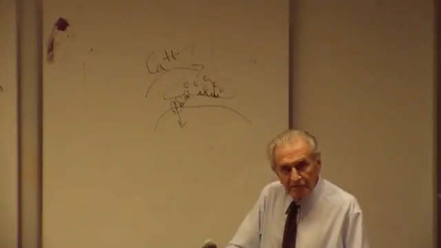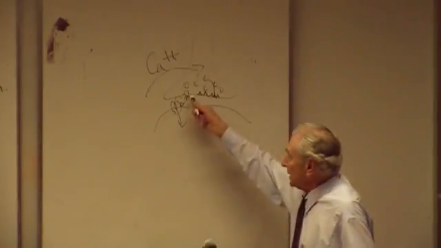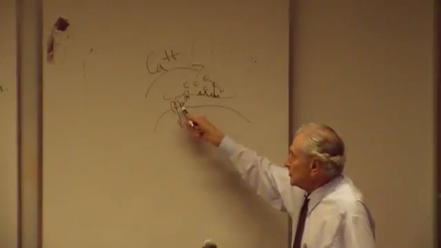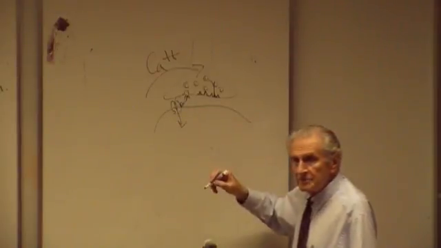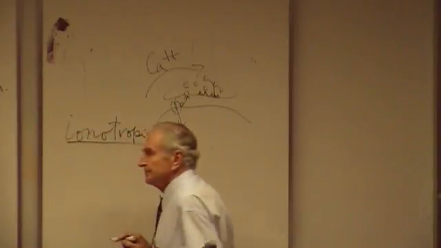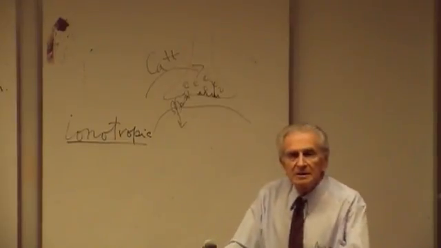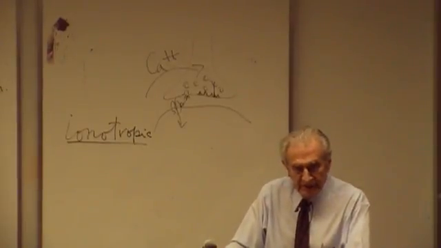This kind of rapidly acting, direct ligand to receptor channel complex, we call that an ionotropic synapse. Ionotropic synapse, and it is the quickest kind of chemical synapse.